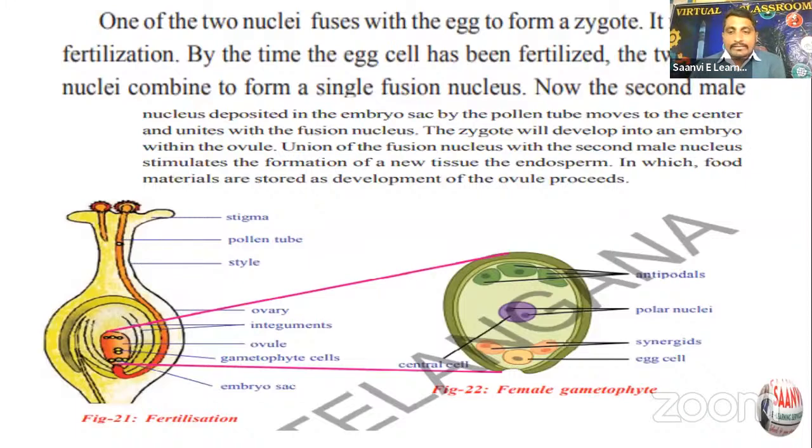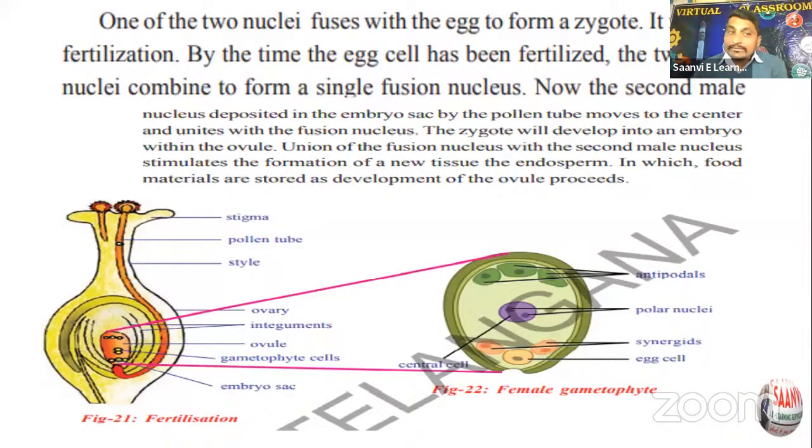Recapitulation of the last session: the zygote is a fertilized egg. By the time the egg cell has been fertilized, the two polar nuclei combine to form a single fusion nucleus.